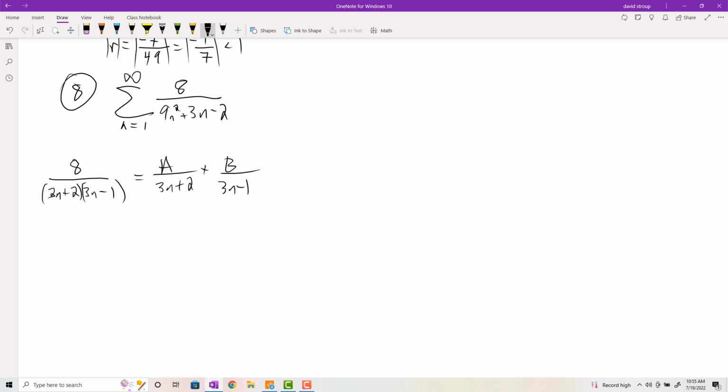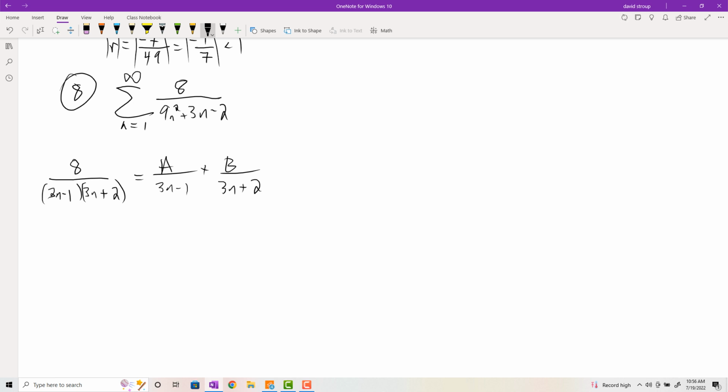I think I want to reverse that and put them in the other order. Sorry about that. So I'm going to put the 3n minus 1 first and then the 3n plus 2 second. It's just so the second term is negative and the cancellation will work a little easier.